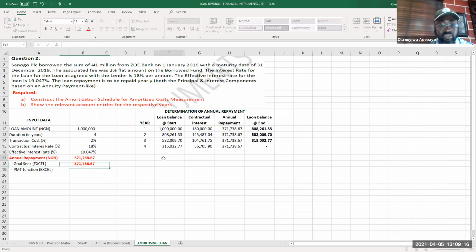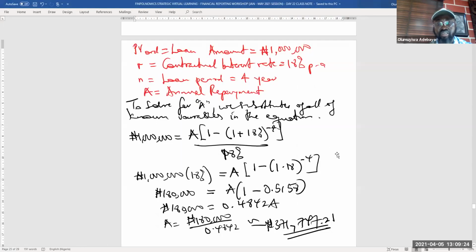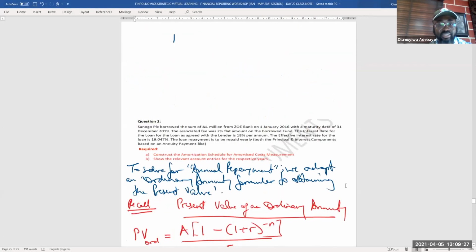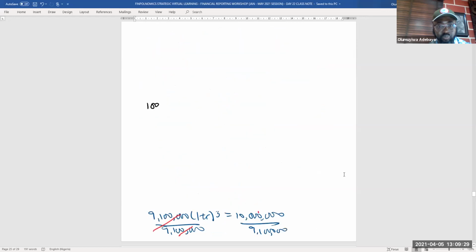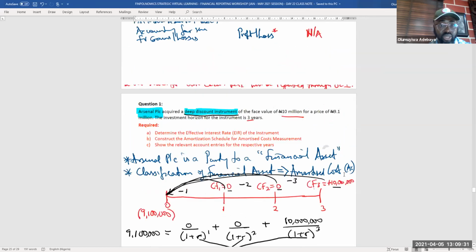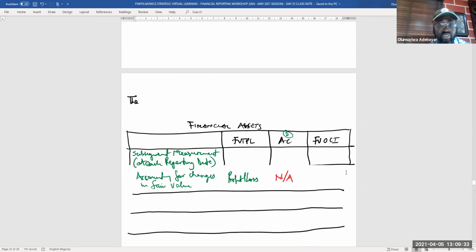What this signifies is that for what I told you earlier, which we did here, we can still use the rate function for EIR. I omitted it the other time. Let me show you. I told you we can use different functions.